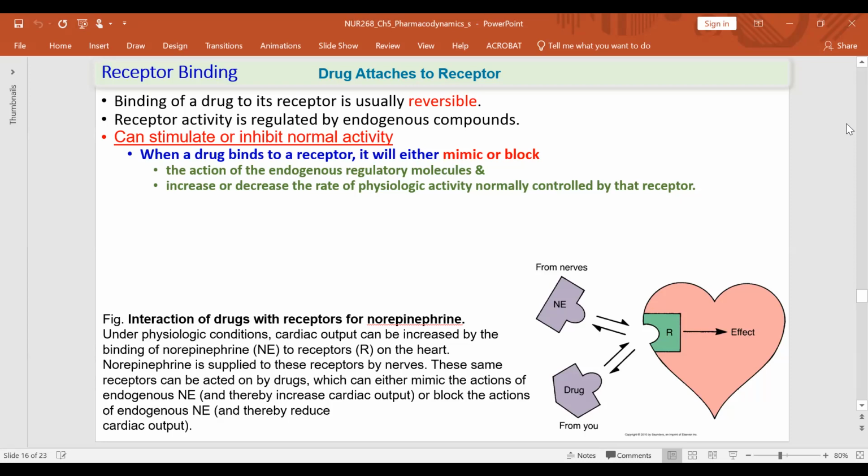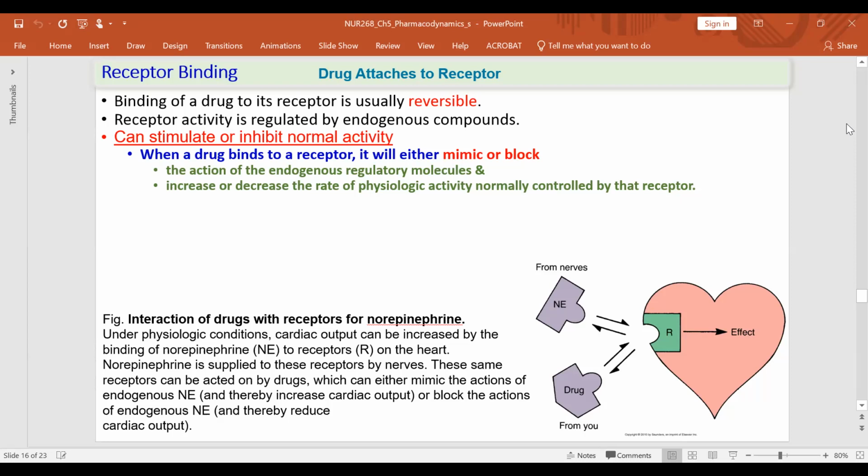You can tell from the structure that they're identical, in that both of them can bind to the same receptor, R. Whether it's the natural one or the drug, both can easily bind to this receptor.